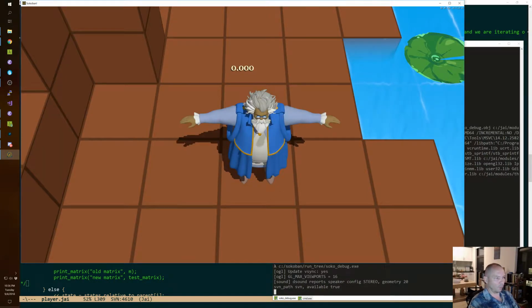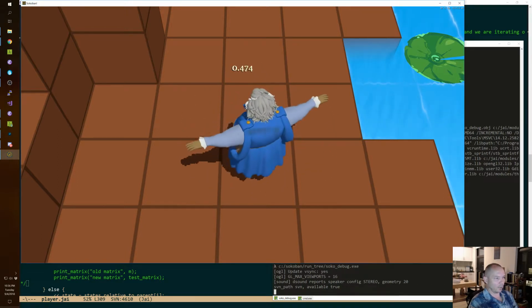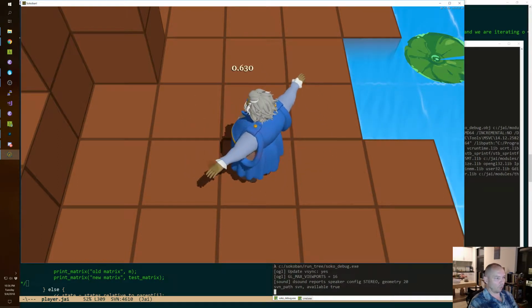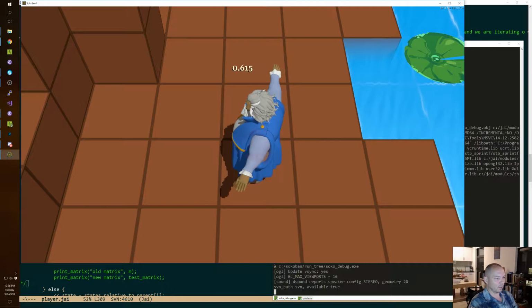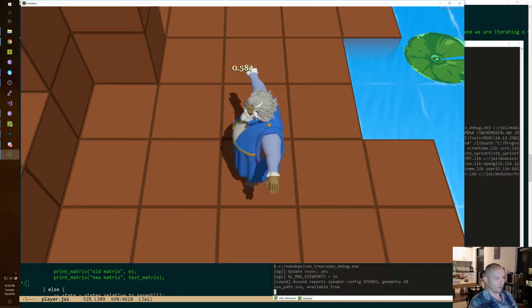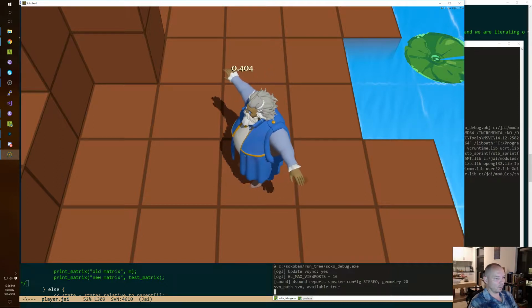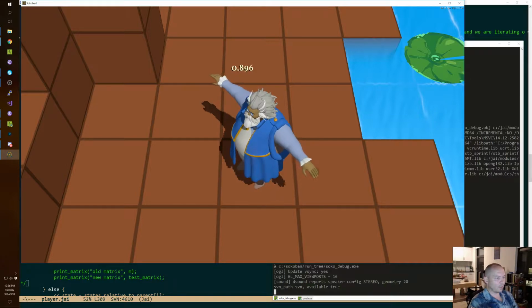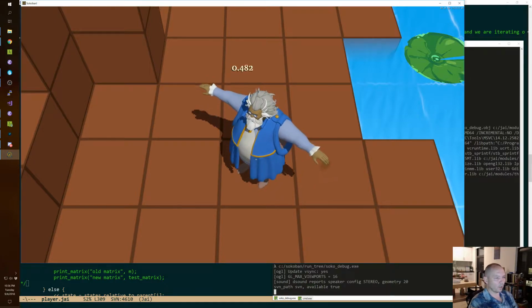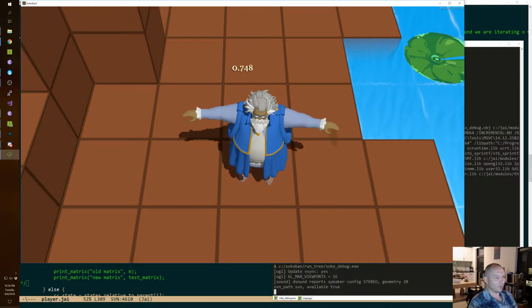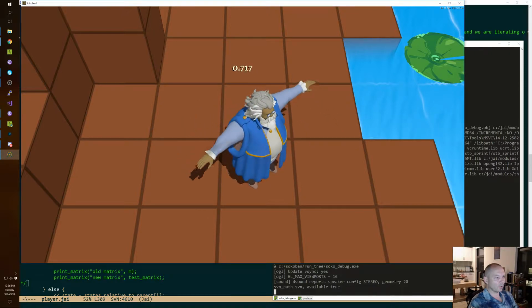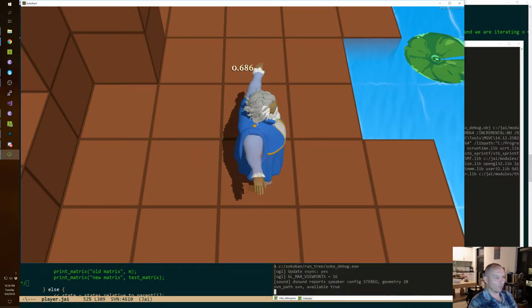So we put him in that pose, put him in that. And it is still stretching inward or shrinking, see? Is it less though? I can't tell. Probably not. I don't think it's any less.